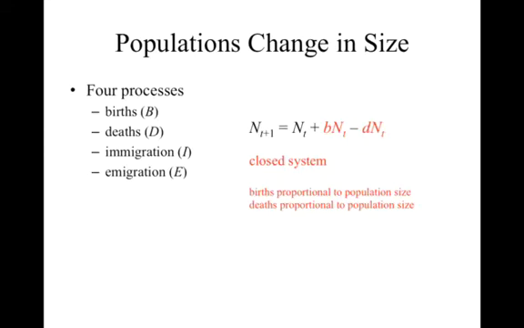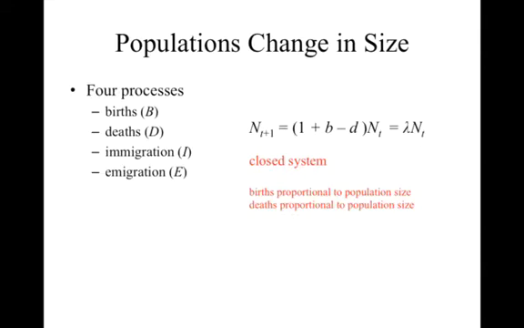And so if I just condense that down, what you'll notice is that I can write this equation: the number of individuals at some later time point, t plus 1, is going to equal 1 plus the birth rate minus the death rate, all times the total number of individuals in my population at the current time. And if I just let that 1 plus b minus d equal a single constant, because they're all constants. One's the number of babies per individual on average.